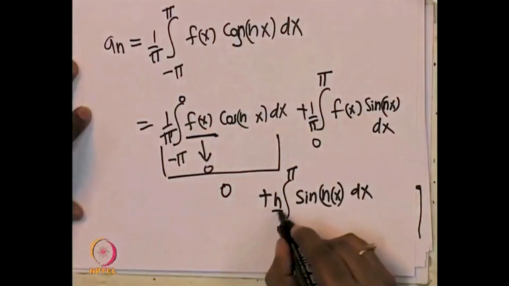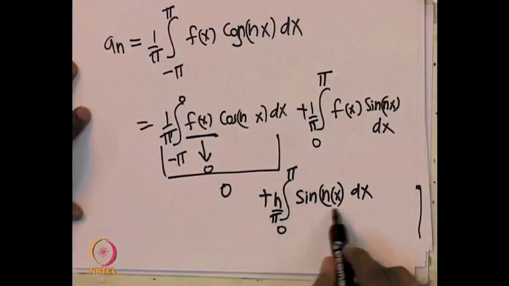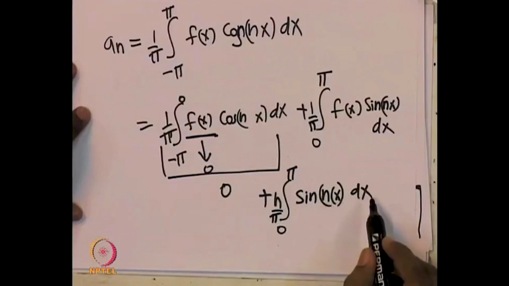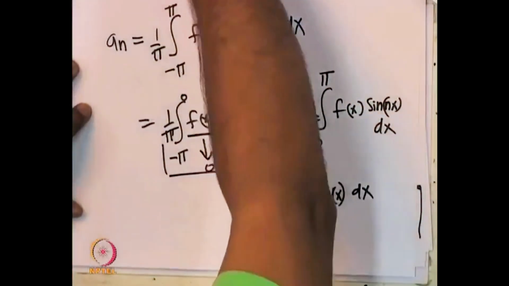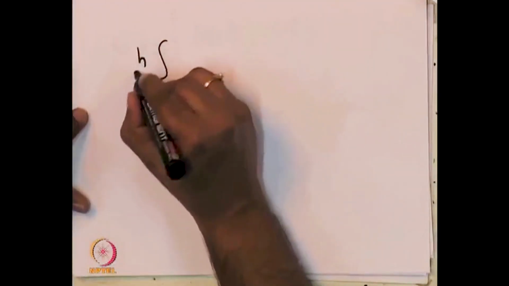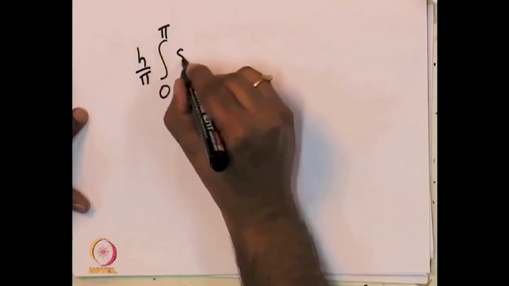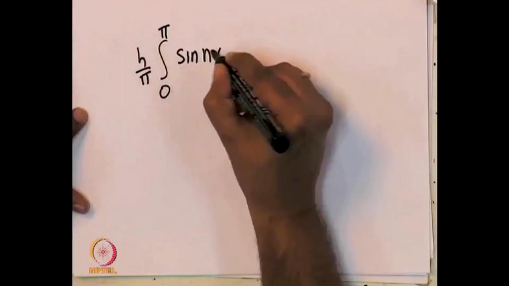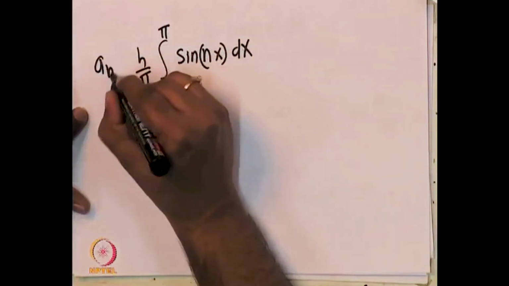So, there is an h over pi into the integral from 0 to pi of sin n x dx. What we want to find out is the integral of h by pi into 0 to pi sin n x dx. This is your a n.